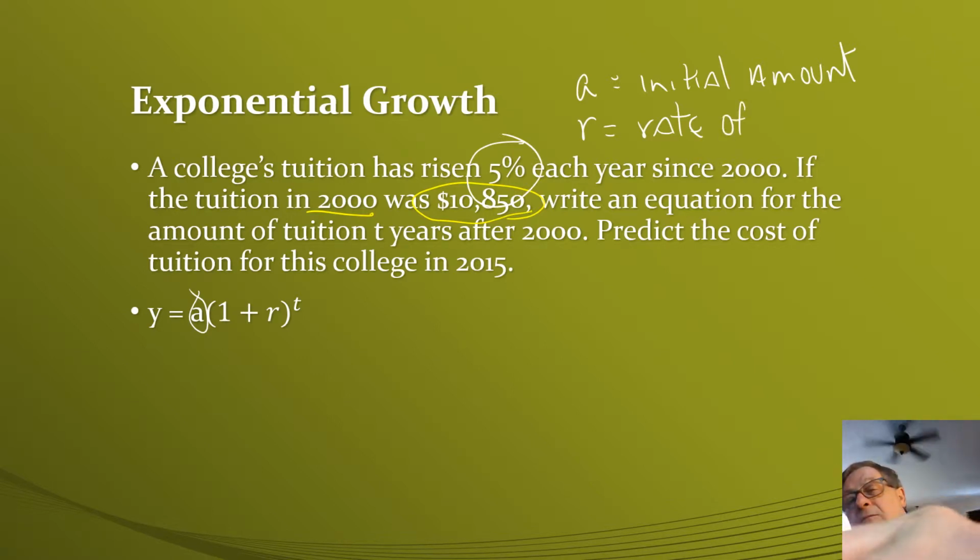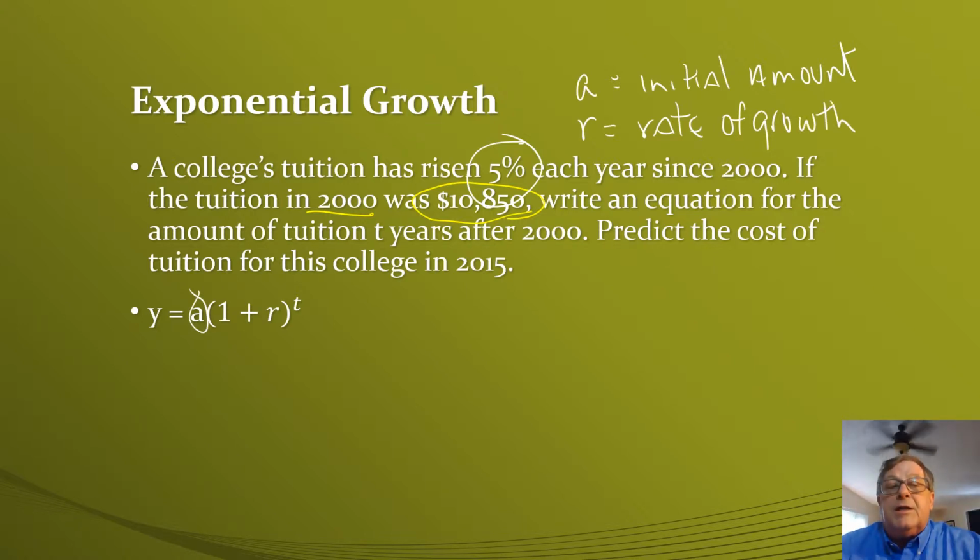Let's say r is the rate of growth in decimals, not in percentage, and then t is the number of years that we're looking to determine. So y equals a times 1 plus r raised to the power of t, where t is our exponent, therefore our exponential growth.